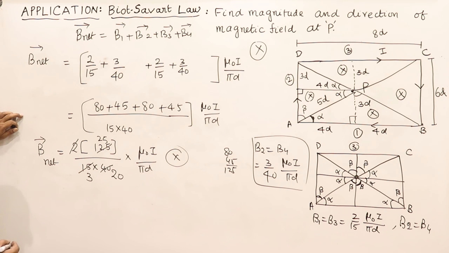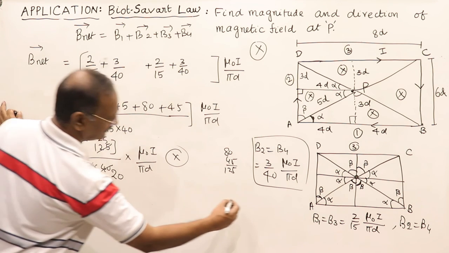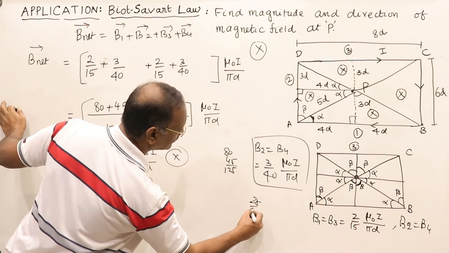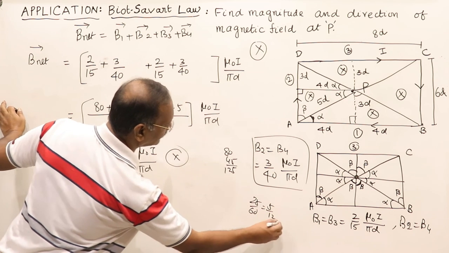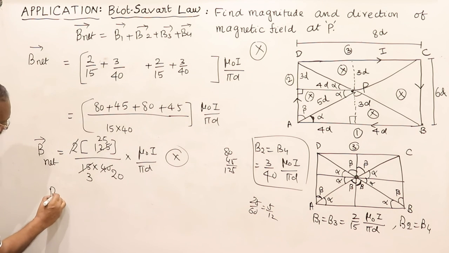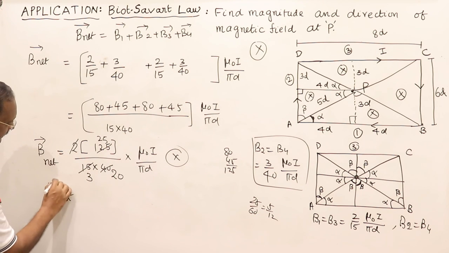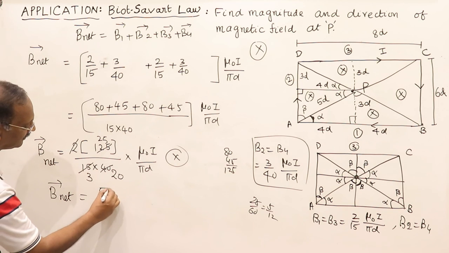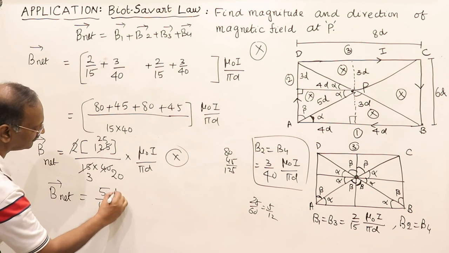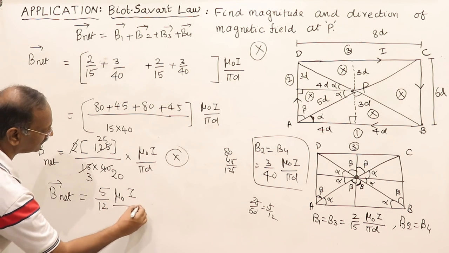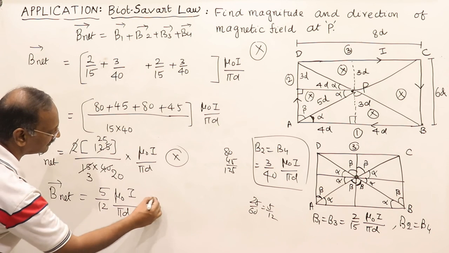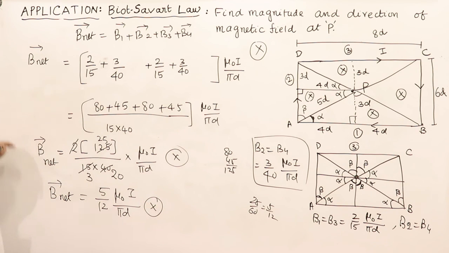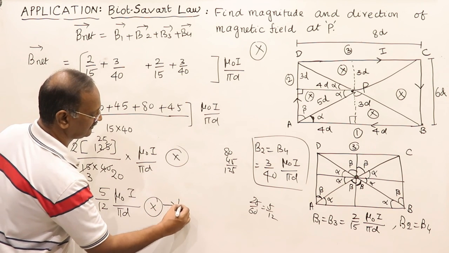So this becomes 25 by 60, which is 5 by 12. So this is B net. In magnitude it is 5 by 12 mu naught I divided by pi d, and the net direction is inward. This indicates inward.